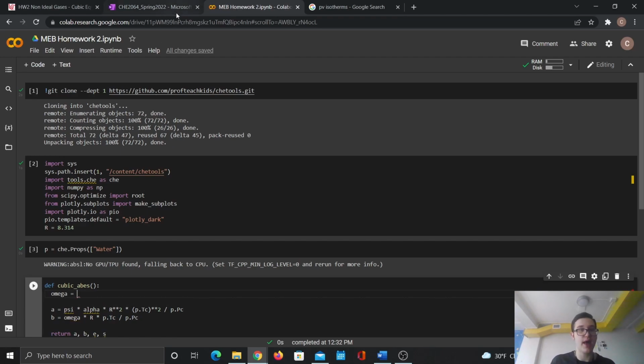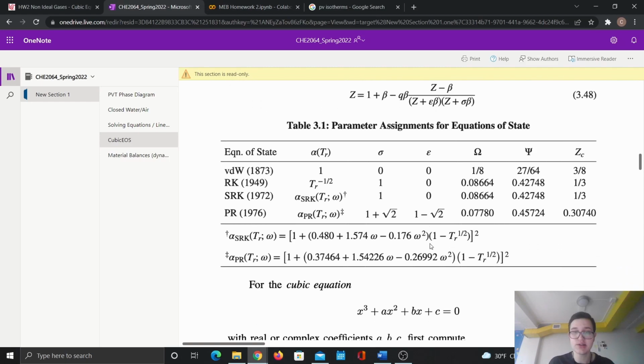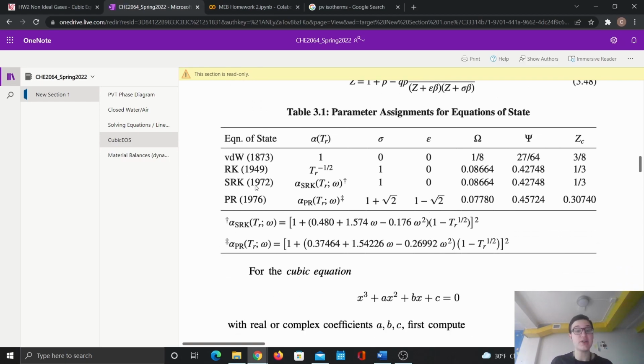Omega is equal to, and in this case, you notice that we have multiple values here. It is possible to create libraries in Python to input all of these values and then determine what equation of state we want in the actual code, but we're not going to be doing that simply because it's not necessary for the assignment.